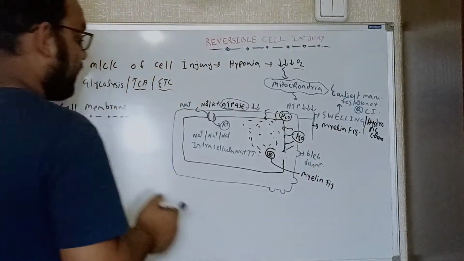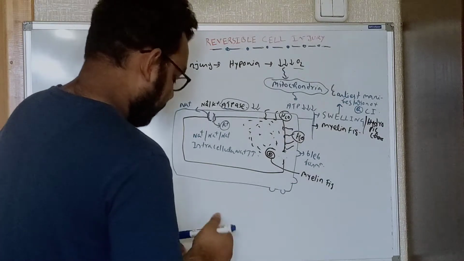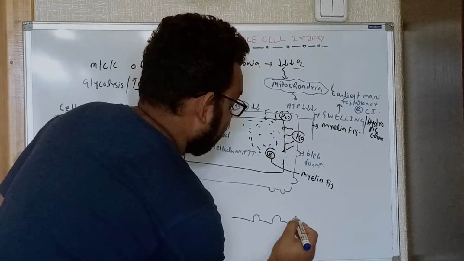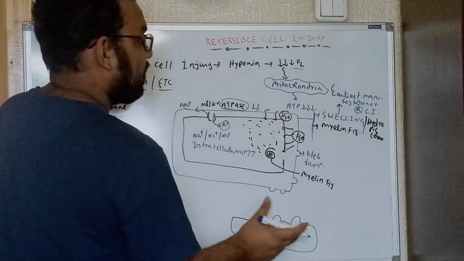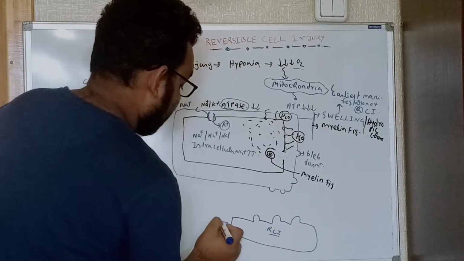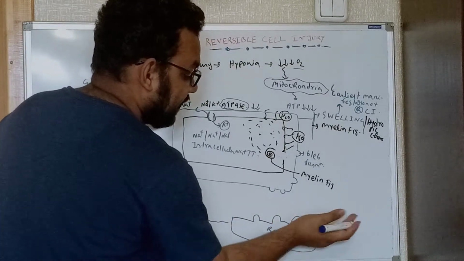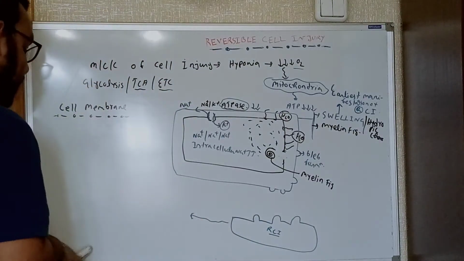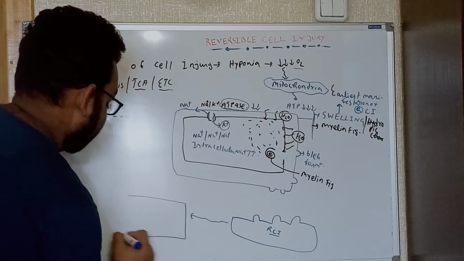Now for example, there is a cell with microvilli. Whenever we see reversible cell injury, whatever the changes we see, water molecules will come over here and that will diminish this bleb, so the bleb will not be seen further. We will see the complete cell just like this, because there will be an absence of microvilli.